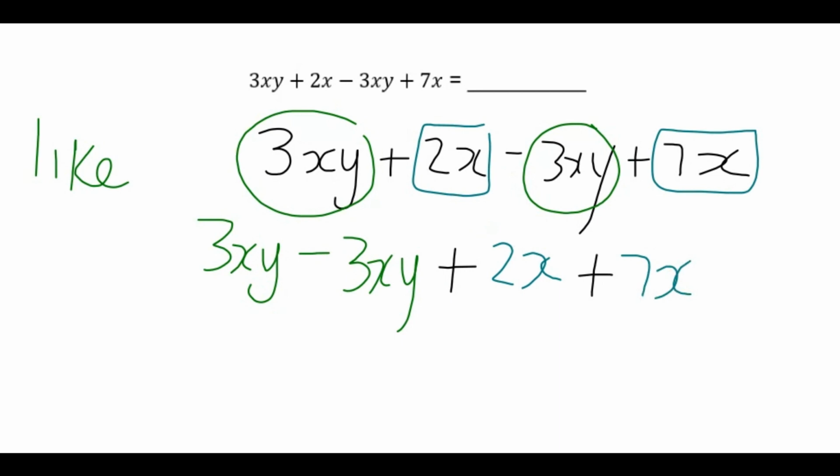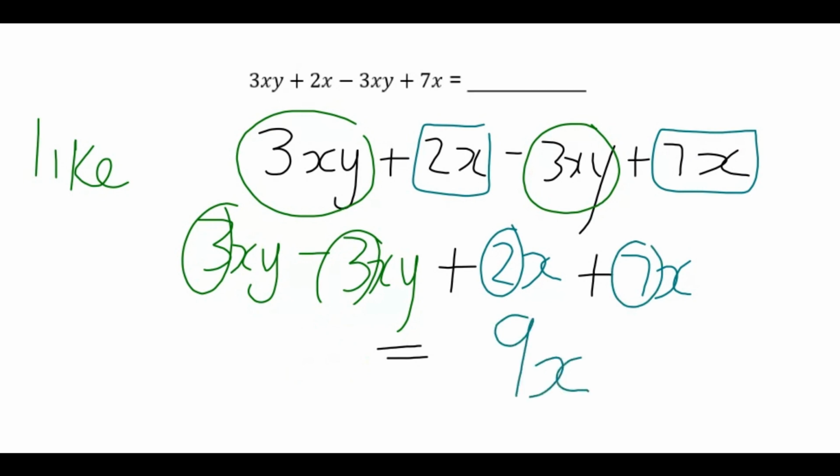You have to use the operation that they say, the same symbol. Now 3xy minus 3xy gives you 0xy, and 0 anything is just nothing, so that's gone. Then we're left with 2 plus 7, and that gives you 9x.